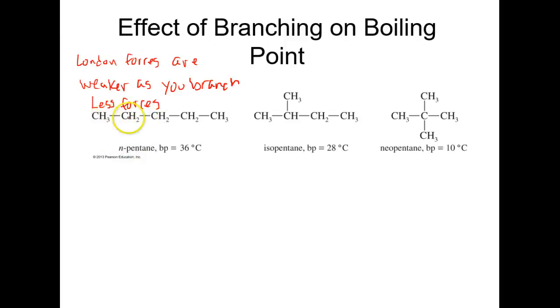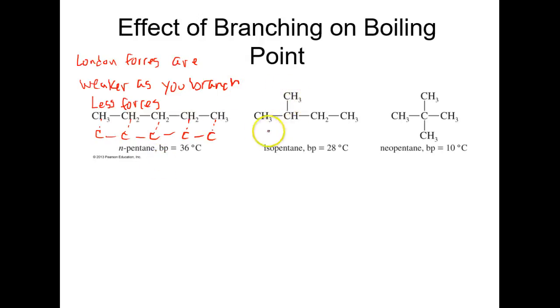Here I have a straight chain. If I have another straight chain near it, I have an interaction here, here, here, here, and here. It's kind of a packing effect. These straight molecules are able to pack on top of each other.